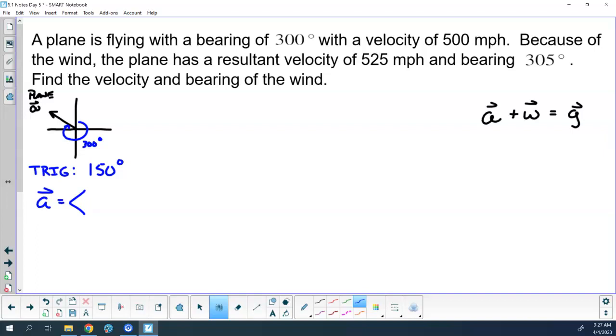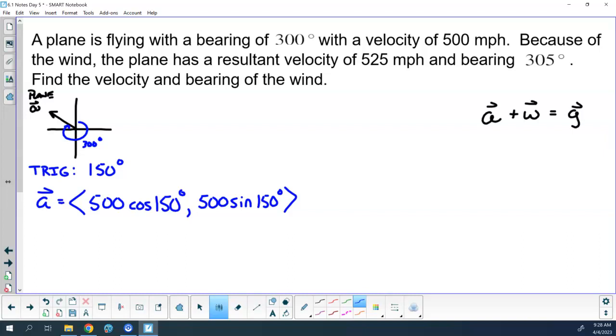What do you got, Chris? 500 times the cosine of 150 degrees, comma, 500 sine of 150 degrees. Remember that a vector is the magnitude times the cosine of the direction angle, comma, the magnitude times the sine of the direction angle.